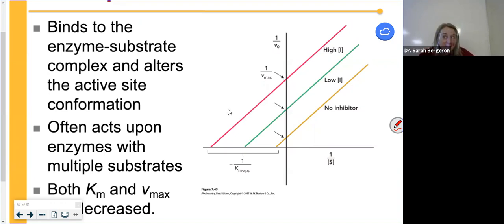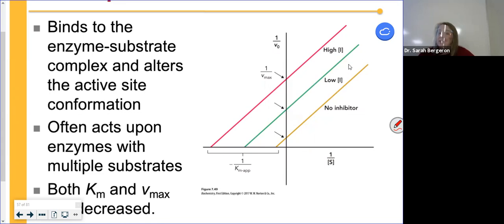So your enzyme can still bind to the substrate, but once it binds, now it can't catalyze anything, right? So it doesn't matter how much you add, you're not going to dilute out this inhibition. You're not going to change it. If you have inhibitor present, you're going to inhibit the reaction.